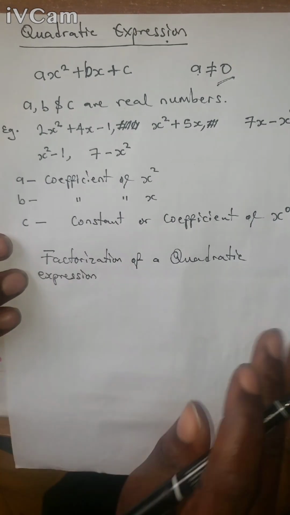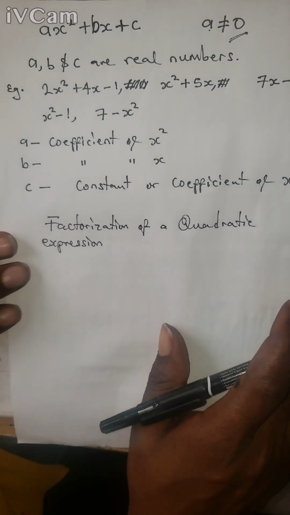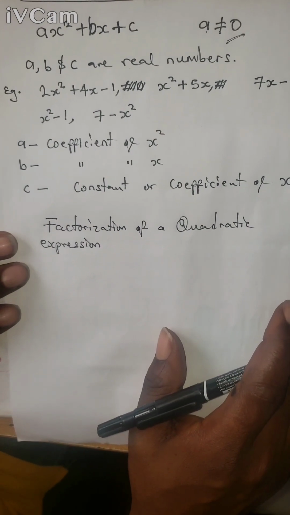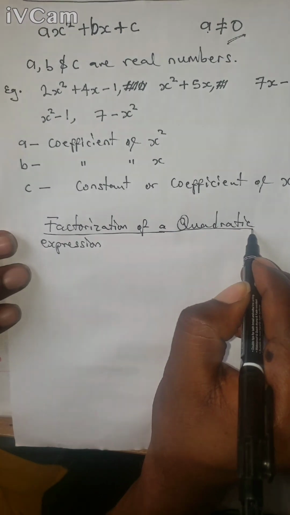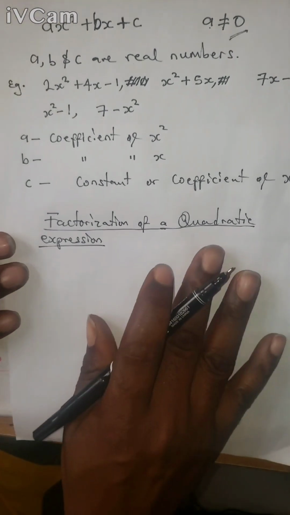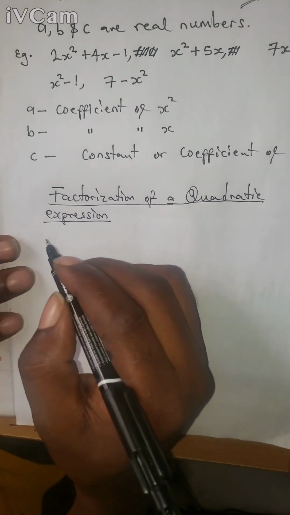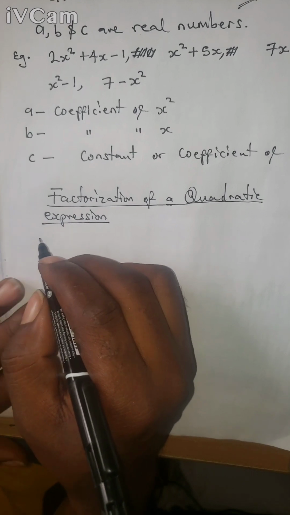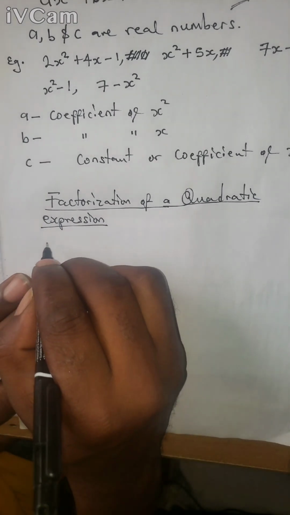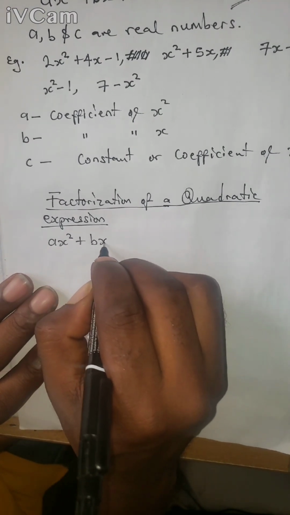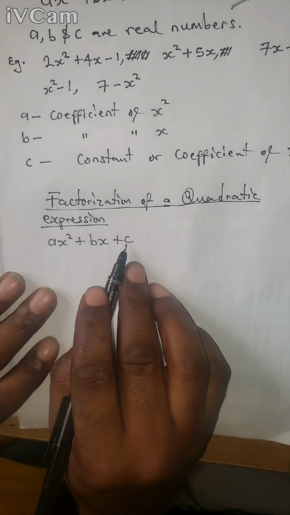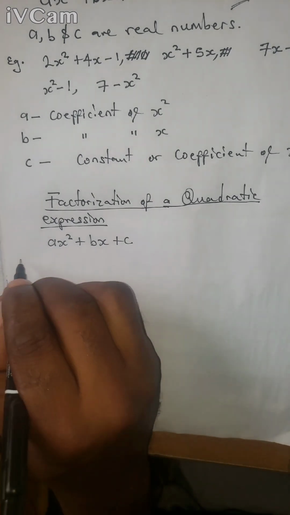Let's underline that. What are the steps? If you have as squared plus bs plus c, we want to factorize this. We are going to list out the steps.